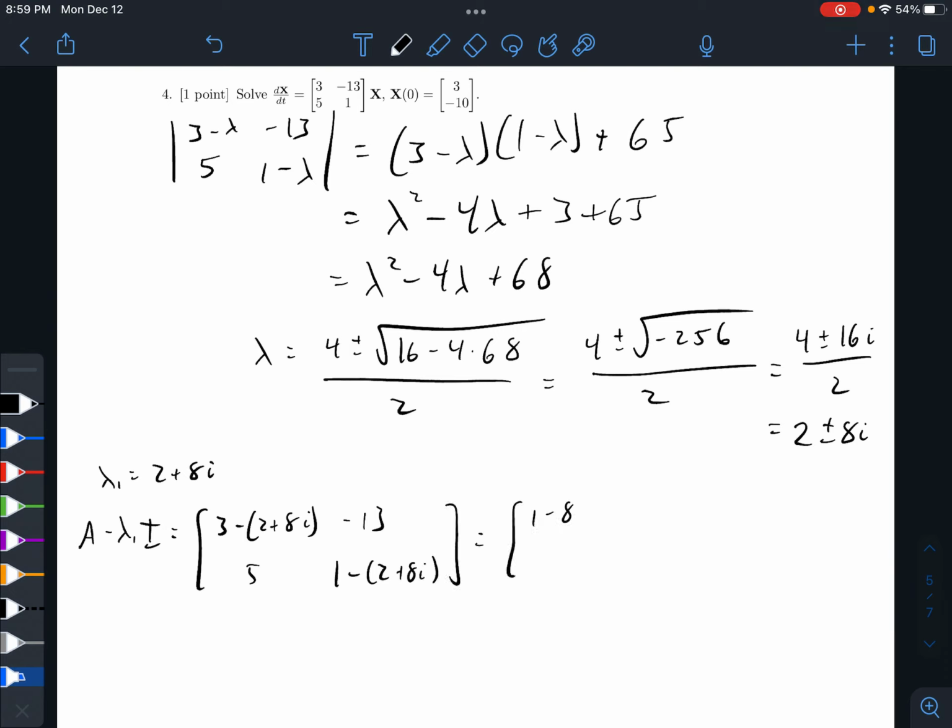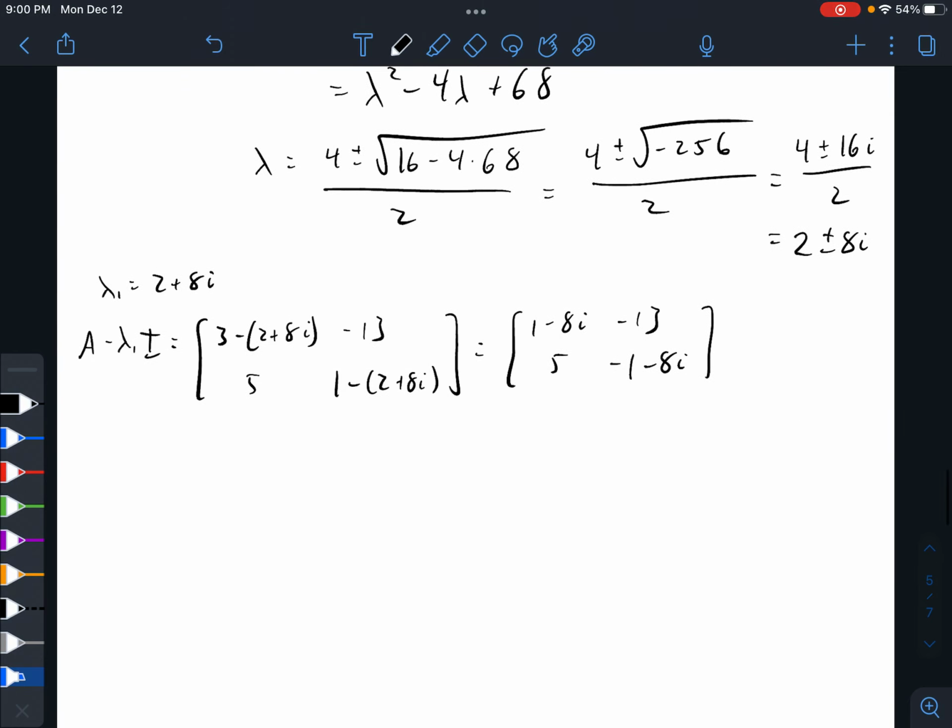So this is 1 - 8i, -13, 5, and then -1 - 8i. Okay, and now we want to row reduce this thing. Technically this is inside an augmented matrix with zeros on the right-hand side, because we're really solving (A - lambda I)x = 0. We're just going to do row operations, whatever.